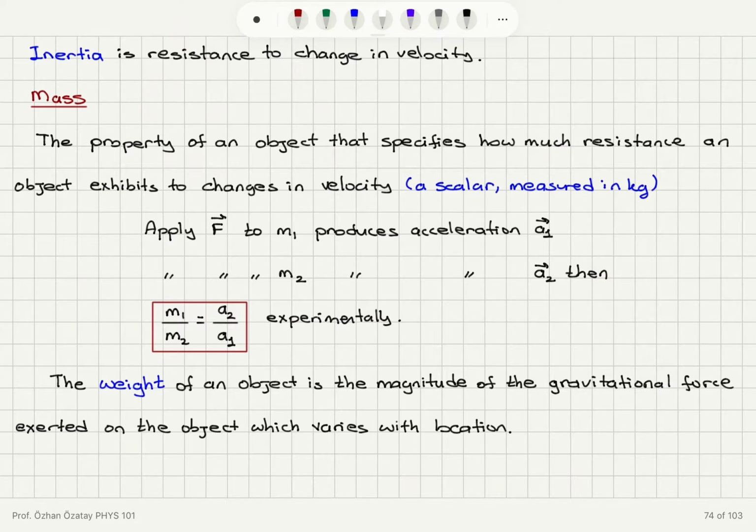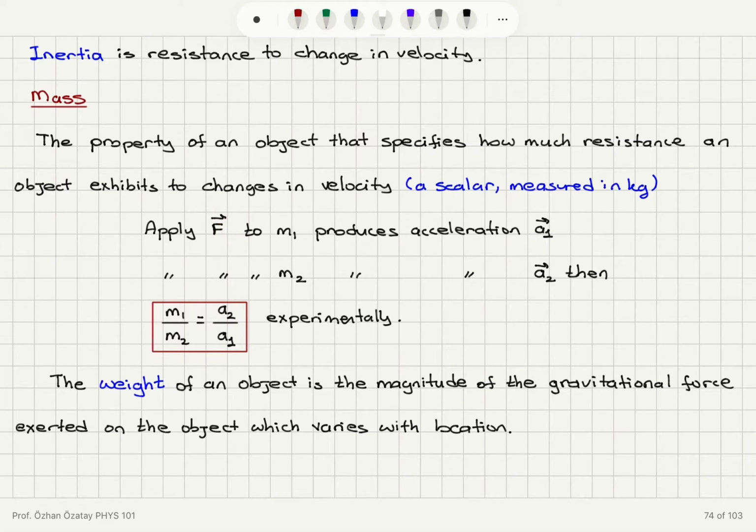Then we experimentally know that the ratio of these two masses, m1 over m2, is a2 over a1. So it is inversely proportional to acceleration under a constant force, and basically this is defining mass by looking at the response to this force.